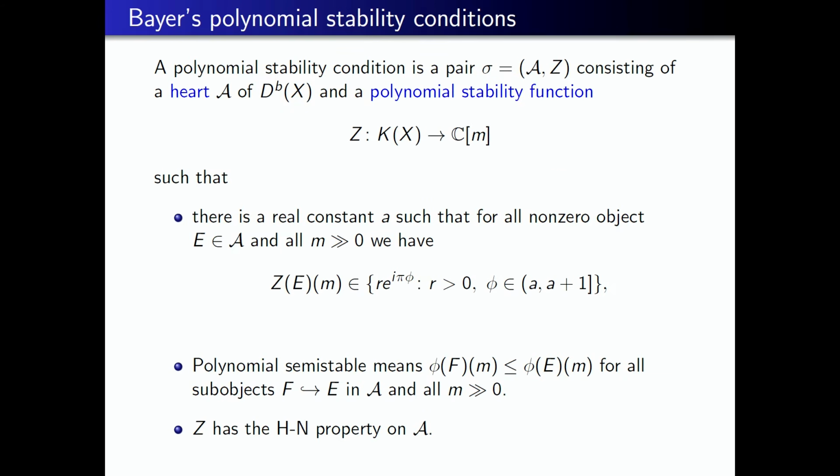And then you have to say something about those positivity and negativity assumptions. This is what replaces the positivity and negativity: when m is very large, asymptotically, the value of this polynomial will tend to a given phase. So as m becomes very large, this phi will be restricted to an interval from a to a plus 1.